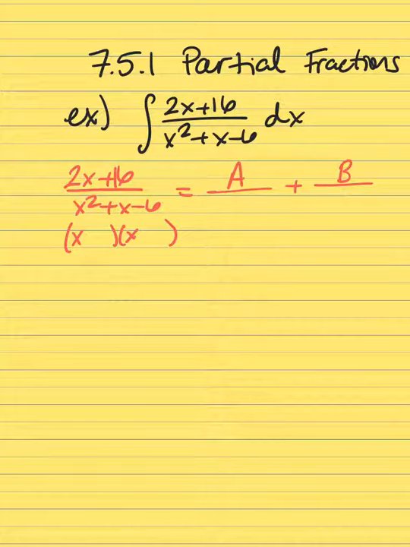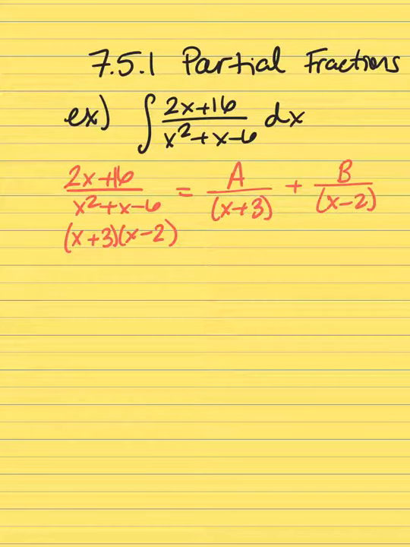Well, it's going to be a plus 3 and a minus 2, because 3 times negative 2 is negative 6, and 3 plus negative 2 is 1. So that means I've got x plus 3 down here and x minus 2 under the B. If you mix that up, it doesn't matter. You'll get the same answer at the end.